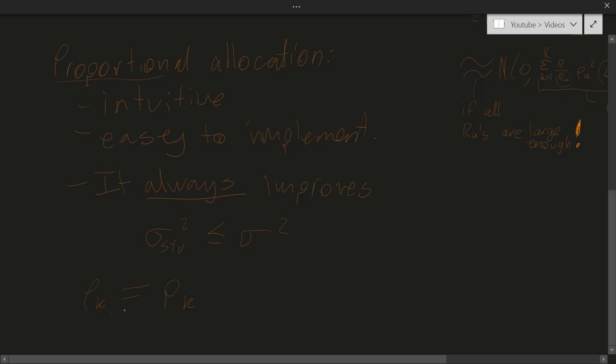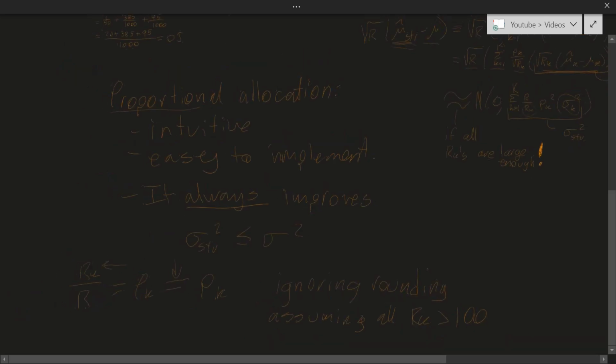And this is ignoring rounding errors and assuming all r_k's are large, so for example, larger than 100. And remember, this is equal to r_k divided by R. So choosing this is a method of choosing how large r_k should be. Okay?